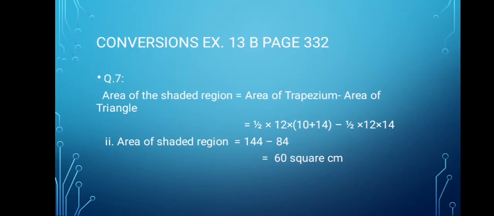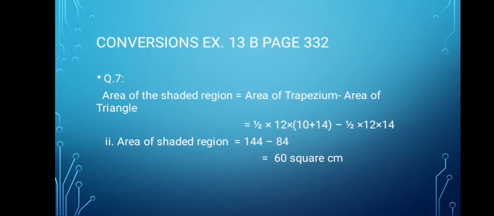You can see in the first step I have substituted the values in this formula. Area of trapezium: half into 12 into sum of parallel sides, and the two parallel sides you can see from the diagram are given as 10 and 14, so 10 plus 14. In the same way, in the second part of the same step, half into base into height, which is the area of the triangle, half into 12 into 14.